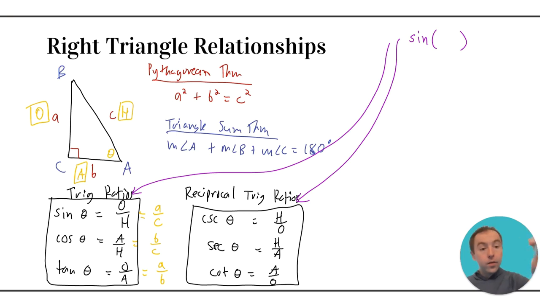So we're thinking about this as being a function where you put in an input and you get an output, right? Your input into a sine or a cosine or a tangent or a cosecant or a secant or a cotangent is always an angle measure. And what it spits out is a ratio of two sides, so division of two sides.